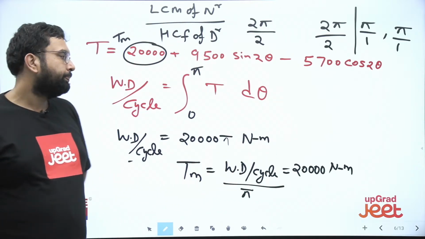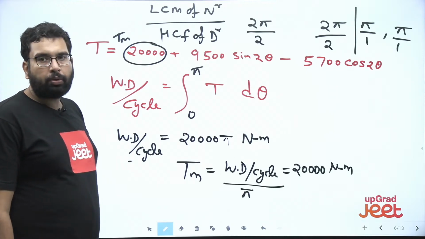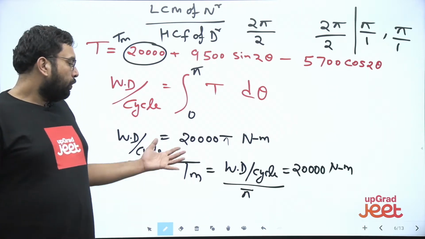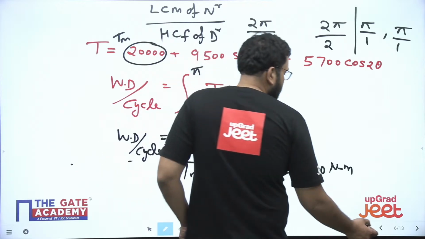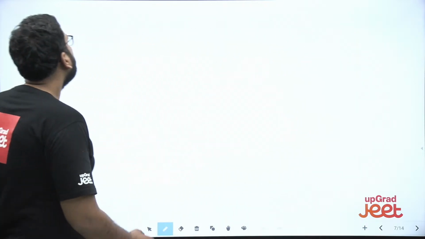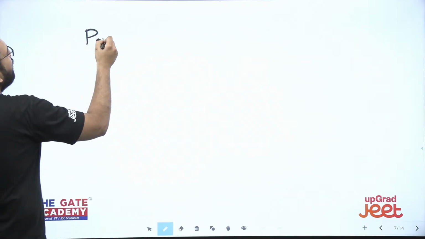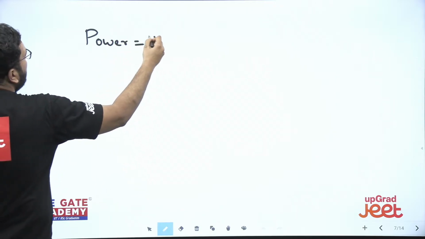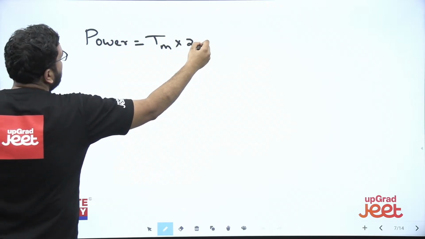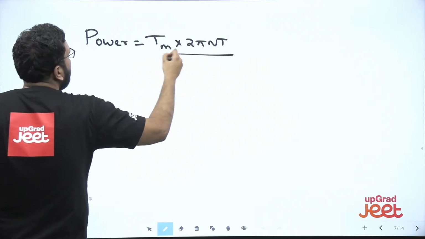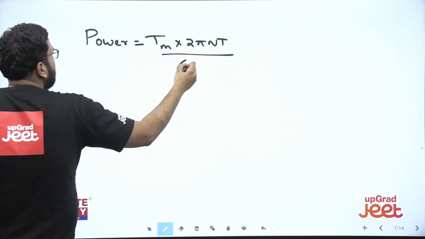Any issue? Okay. Now, once we have found the T mean, we can quickly find the power also. Power is T mean into 2 pi N by 60.